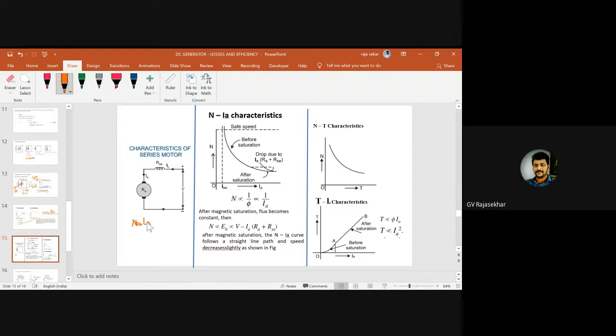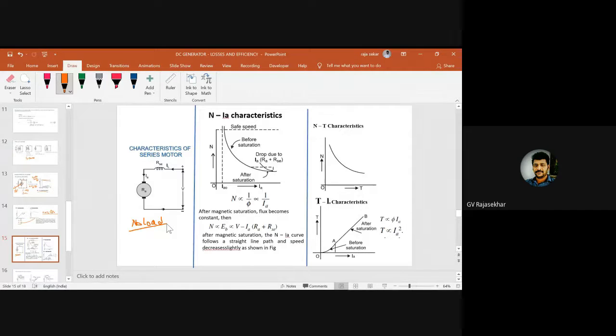Under no load, IA becomes 0 and you are going to get dangerously high speeds. That is why it is written safe speed here, so you should not switch on the motor under no load condition.